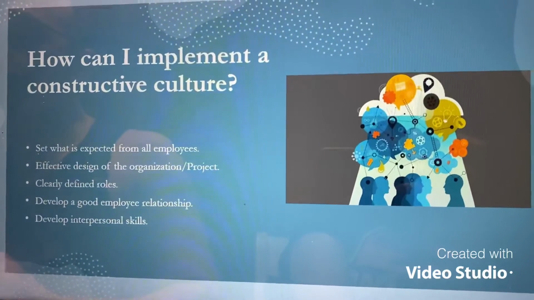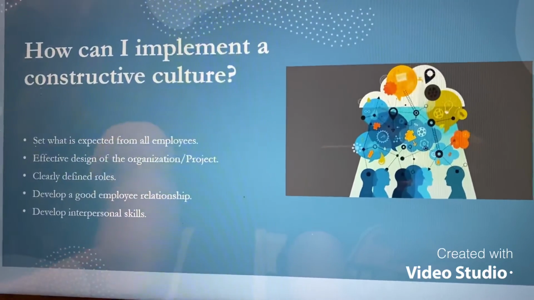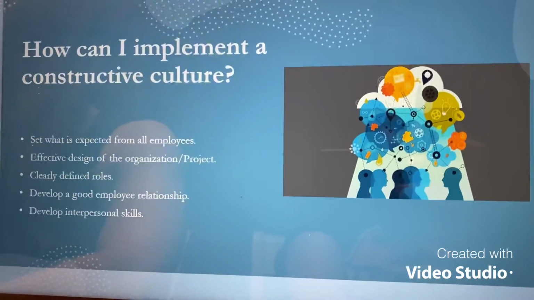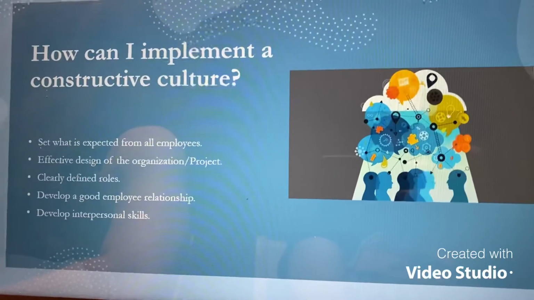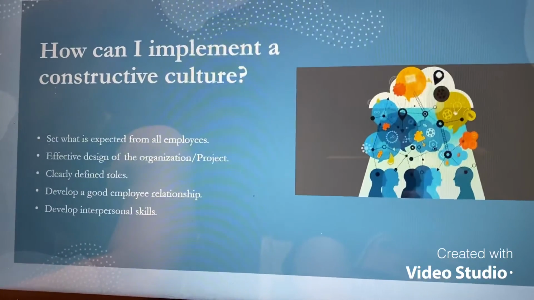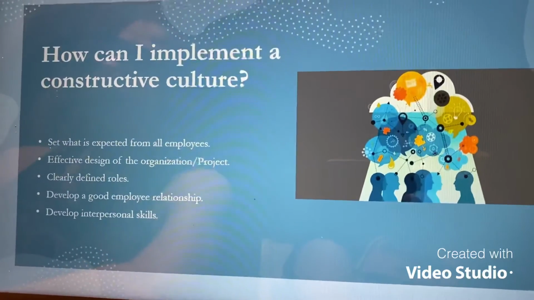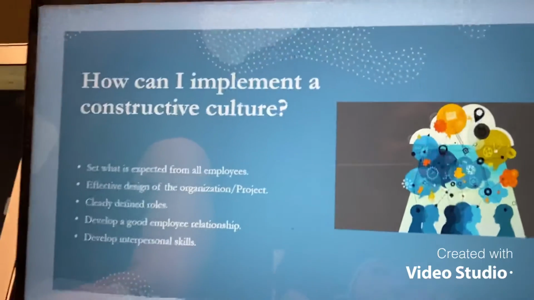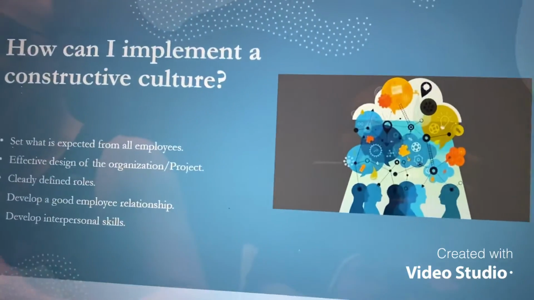4. Develop a good employee relationship. This will be achieved through good pay and a safe and comfortable working environment. In addition, promoting team building will further support a culture where people are willing to work together and respect one another. 5.